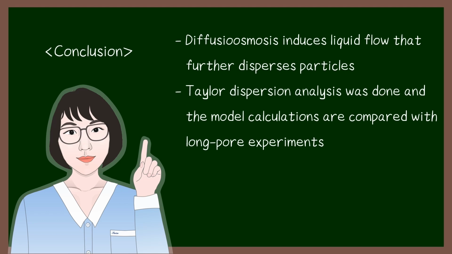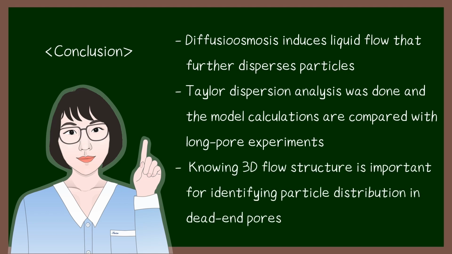By applying the Taylor dispersion idea, we were able to reduce the 3D transport equation to the one-dimensional equation with an effective diffusivity, and it was further compared with long pore experiments. We suggest that knowing 3D flow structure is important for identifying correct particle distributions in dead-end pore experiments of diffusiophoresis and also in other geometries.